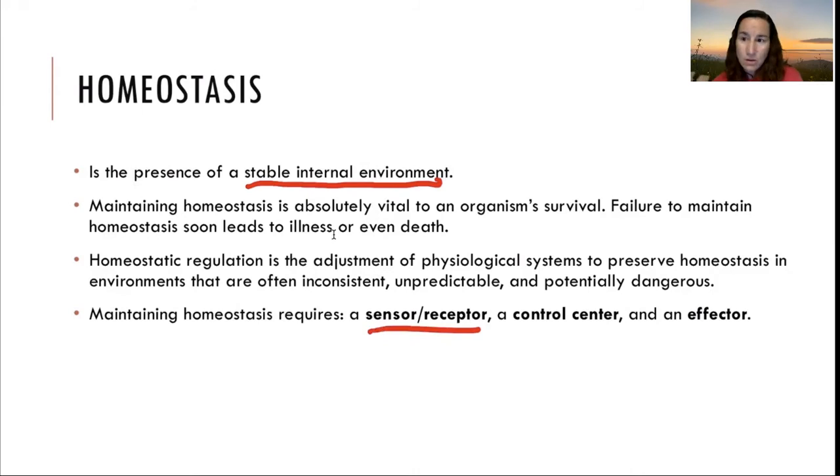So we have sensors all over our body. We're going to talk about that when we get to the nervous system and all the different types of receptors that take in information and then send it to you. So you're going to have some sort of sensor, and it's going to send information via the nervous system to your control system, your CNS, and then it's going to send out information to an effector and affect change.